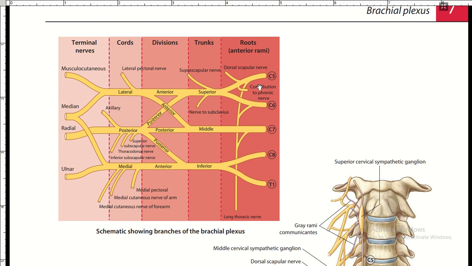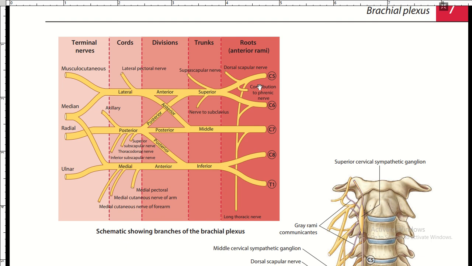And then a lesion of the posterior cord, which is mainly a lesion of the radial nerve, is going to lead to what you call wrist drop. And then a lesion of the long thoracic nerve, like I said, in radical mastectomy, which is the removal of breast cancer, is going to lead to winged scapula.